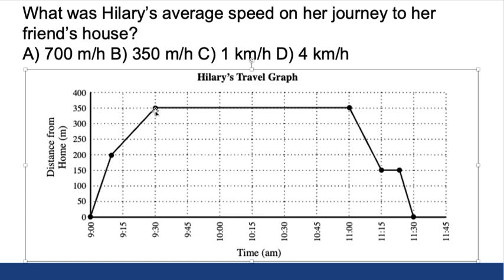So the distance is 350 meters over 0.5 hours, because you need to remember that from 9 to 9:30 is 30 minutes, but your answer choices are in terms of meters per hour. So 350 divided by 0.5 would be 700 meters per hour.